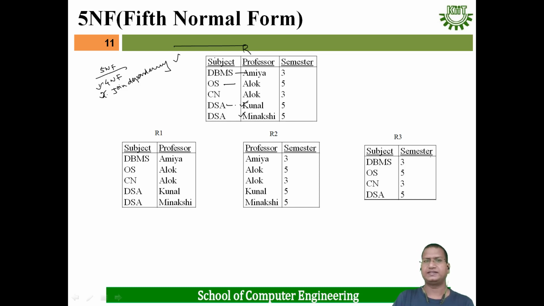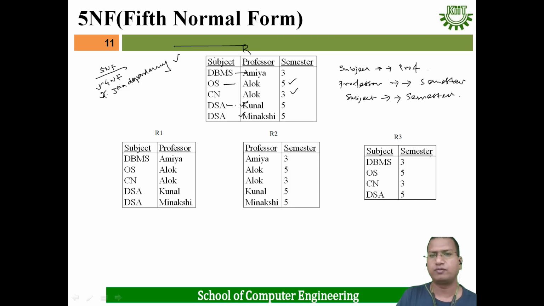That means subject is multi-value dependent on professor in this case, and semester is multi-value dependent on professor in this case. For the same professor, Alok is taking semester 5th and 3rd. Then here, subject to semester, is there a relationship? Yes, in this case subject to semester there is also a relationship. Multi-value dependency is there from subject to semester.